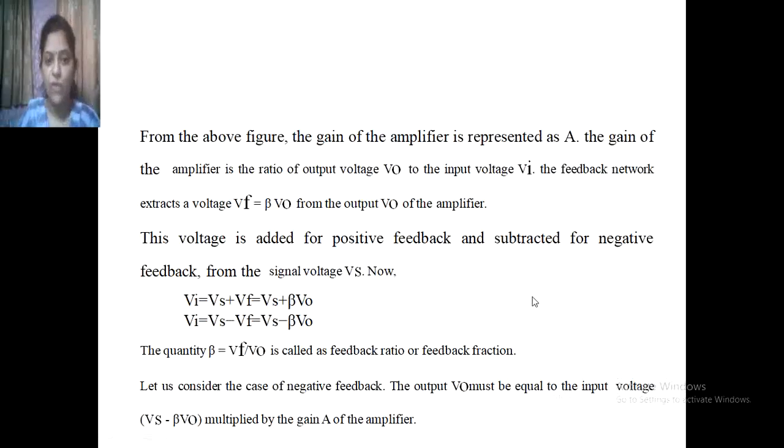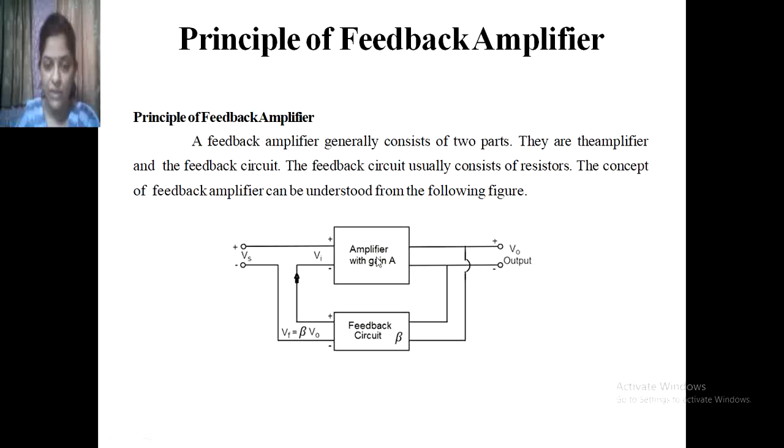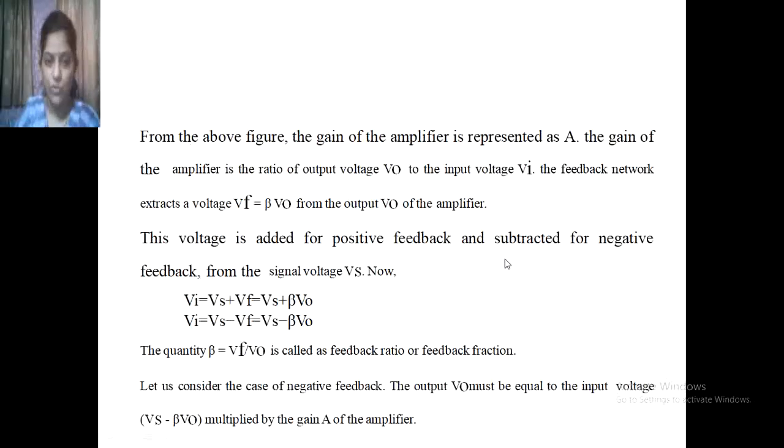From the above figure, the gain of the amplifier is represented by A. The feedback circuit factor is beta. The input voltage is Vi. The feedback voltage is beta into V0, where V0 is our output voltage.